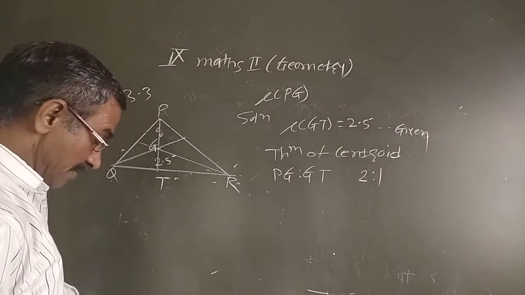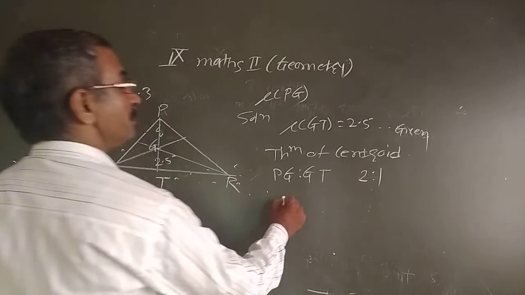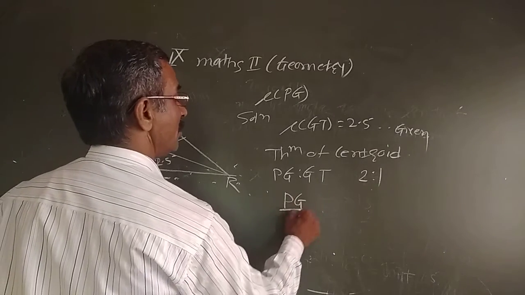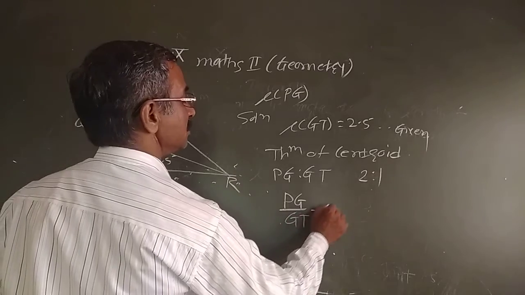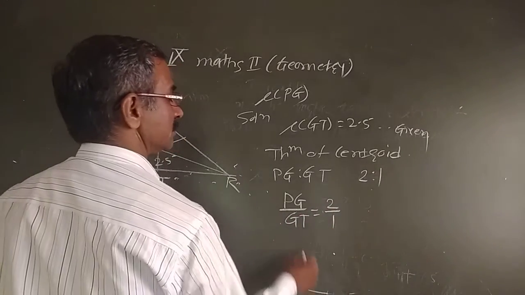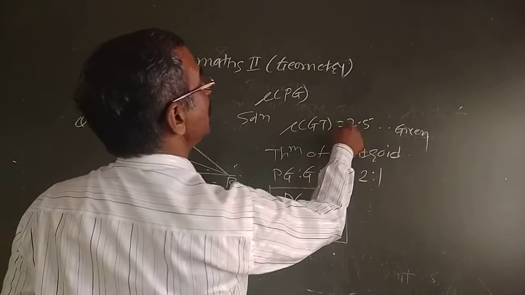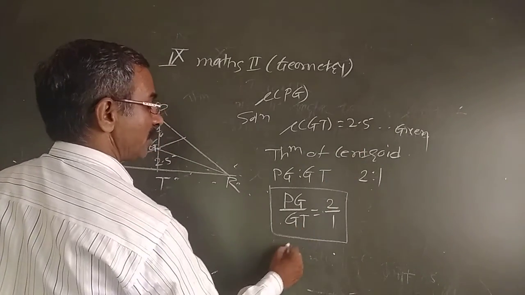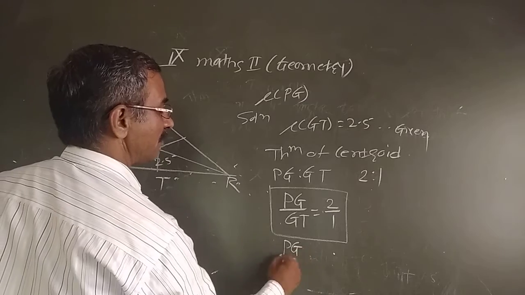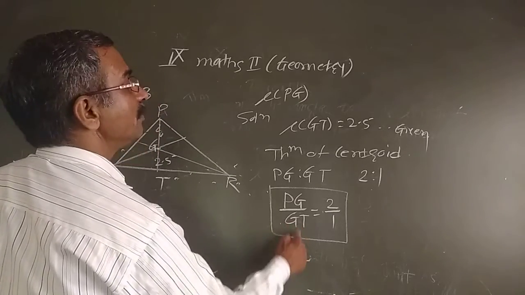So by putting the values, PG upon GT is equal to 2 upon 1. The value of GT given is 2.5, and we are finding the value of PG.